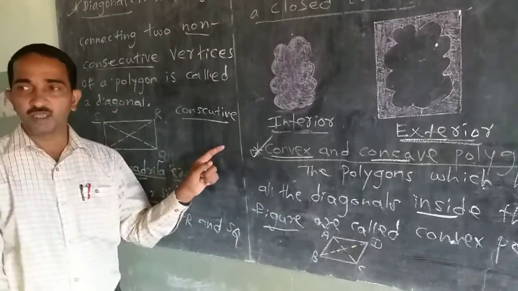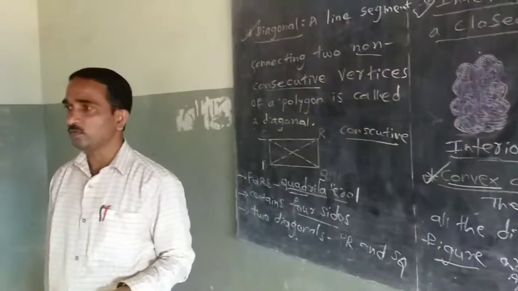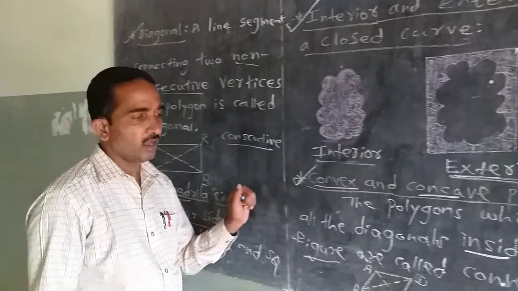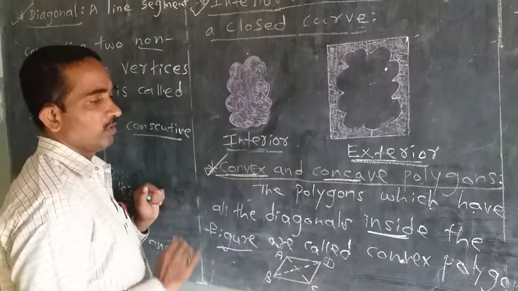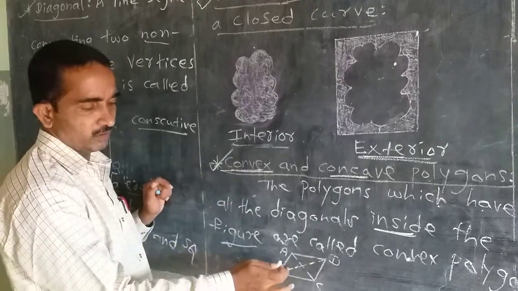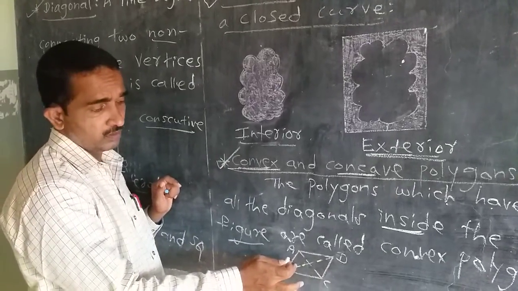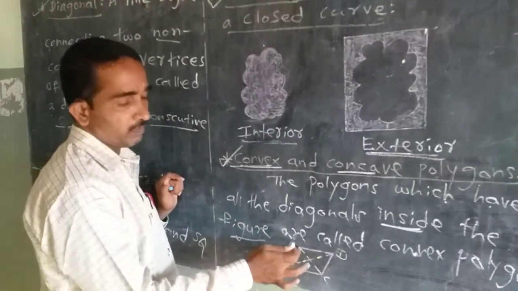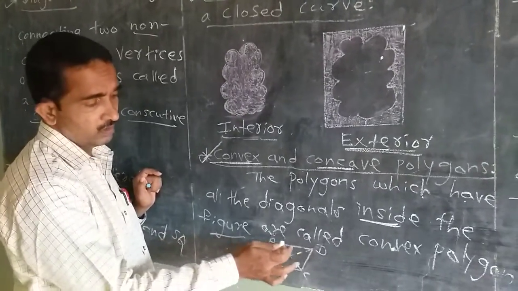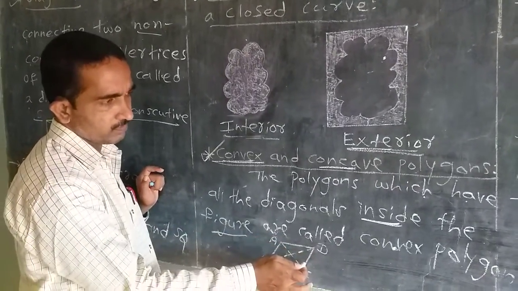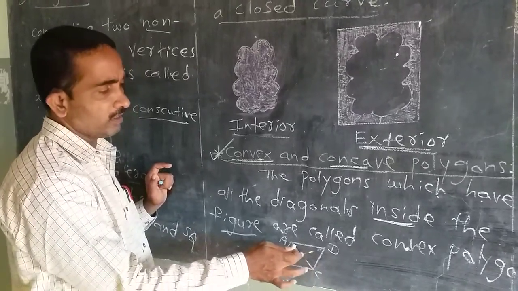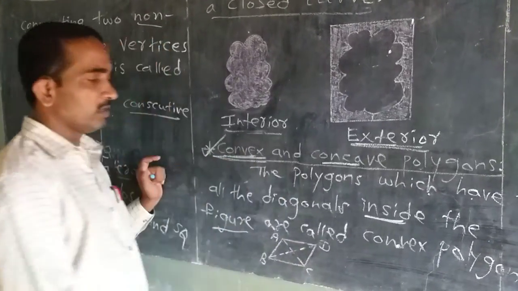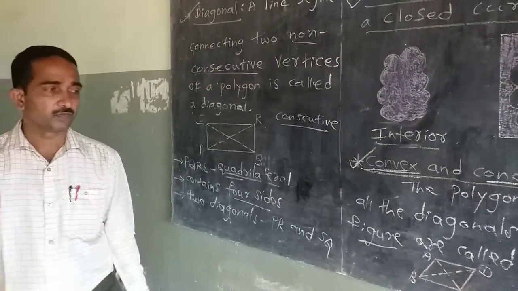If the diagonals in a figure or polygon are inside the figure, at that time that is called what? Convex polygon. See this figure. This is the example of a parallelogram. Here 2 diagonals are there. These 2 diagonals are inside the figure. That's why this is the example for a convex polygon.